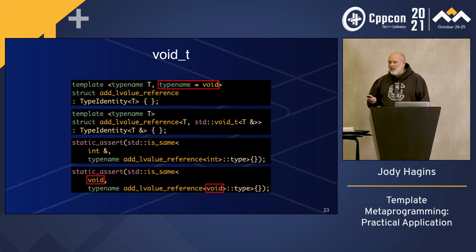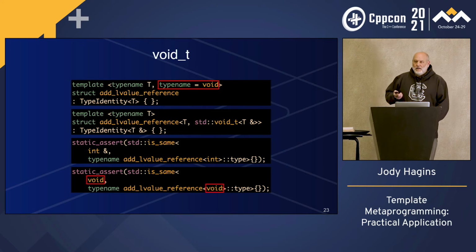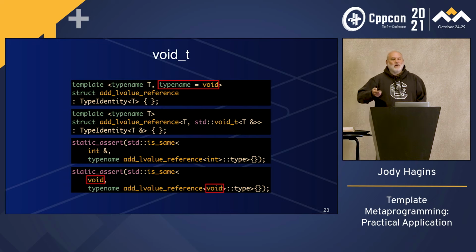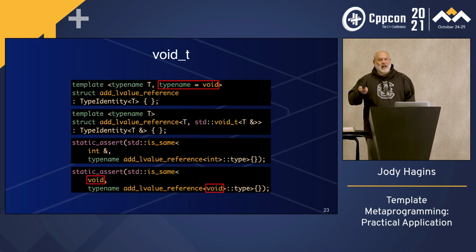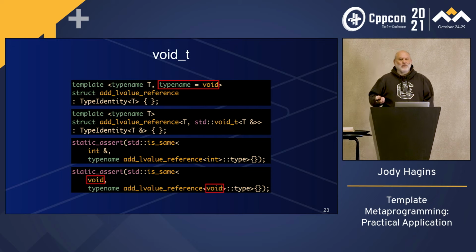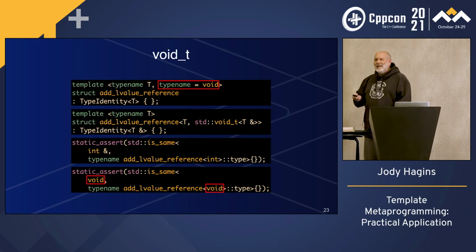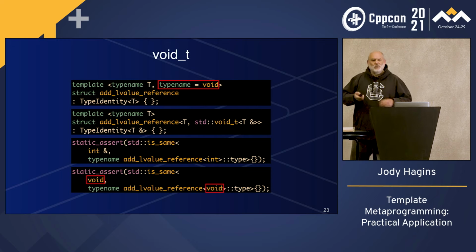And so this can easily be read as: any type you give me, I'm going to return that type that you gave me, unless you give me a type that I can bind a reference to. And in that case, I'm going to add a reference to it and return it. And the void_t here allows us to specialize based on a construct that may or may not be valid.